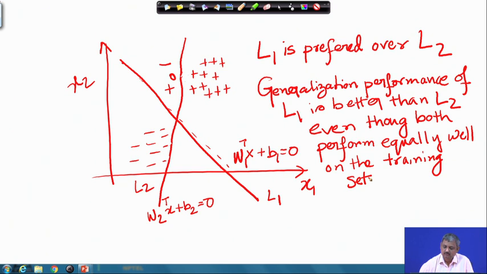Okay. So, let me try to quantify what the quantity is in terms of which L1 is better than L2. Let me draw again.